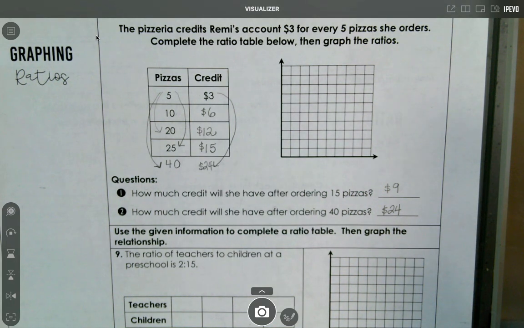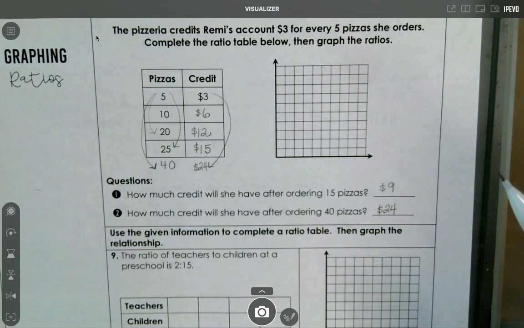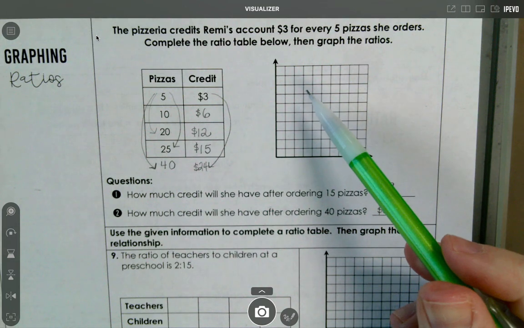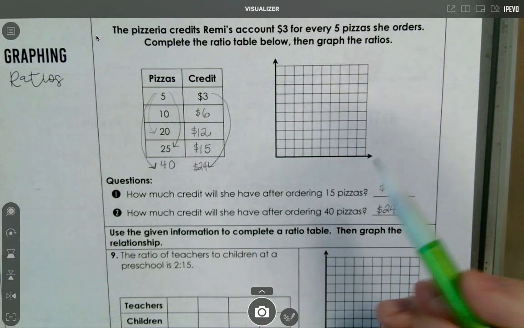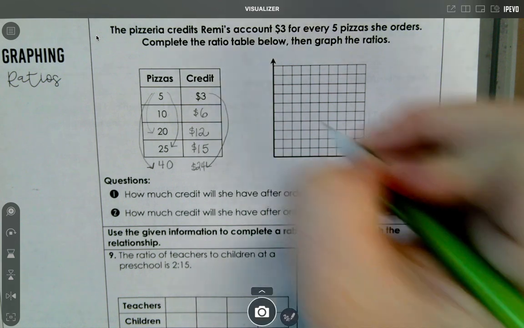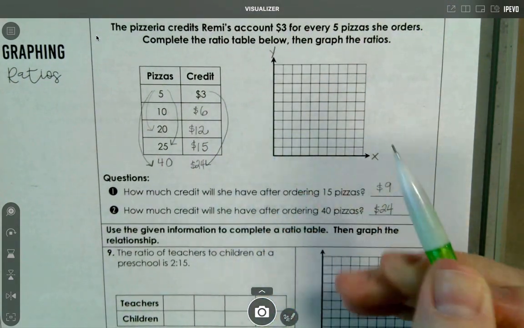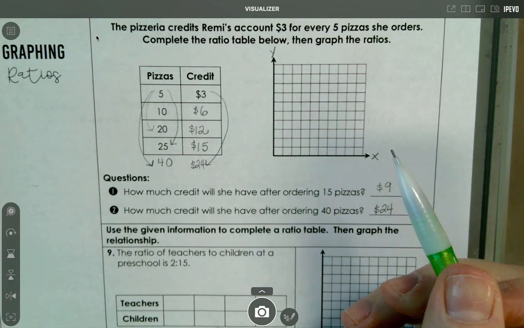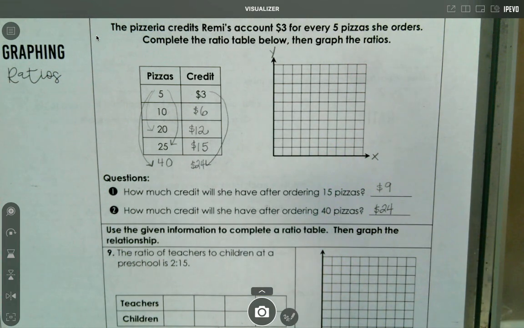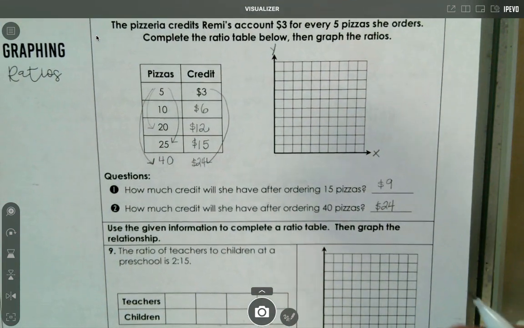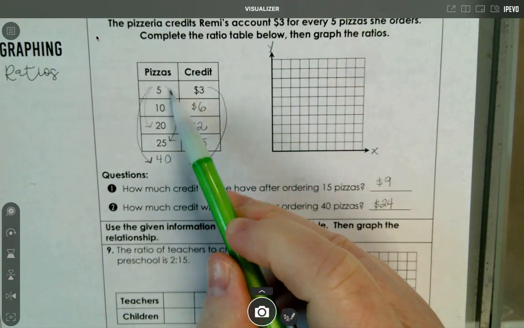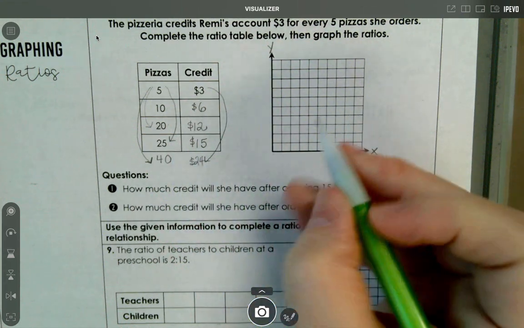So we are going to complete this graph, okay? So remember, this is our x-axis down the bottom. This is our y. Starting here, because you have to figure out what your tick marks are going to be, okay? And so we are increasing by 5 every time, and so I'm going to go by 5.